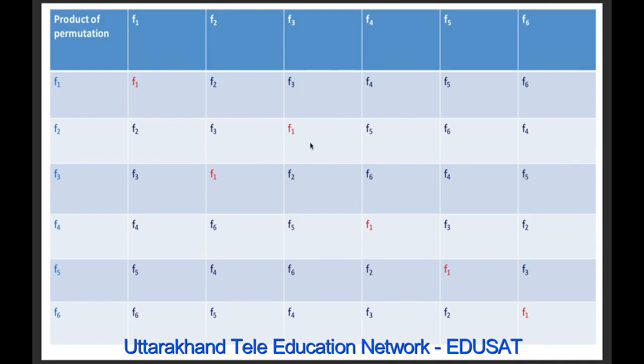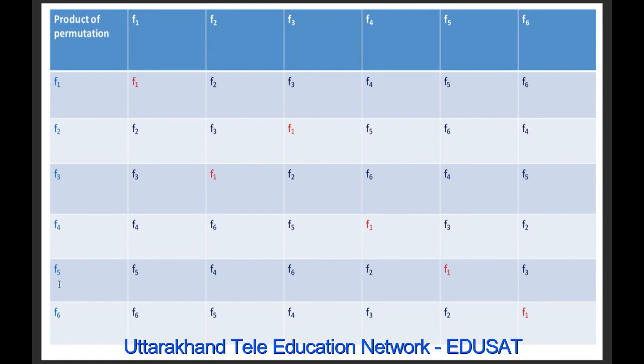Inverse of F2 is F3 because the element above F1 in the top border row is F3. Inverse of F3 is F2 because the element above F1 in the top border row is F2. Inverse of F4 is F4 because the element above F1 in the top border row is F4.